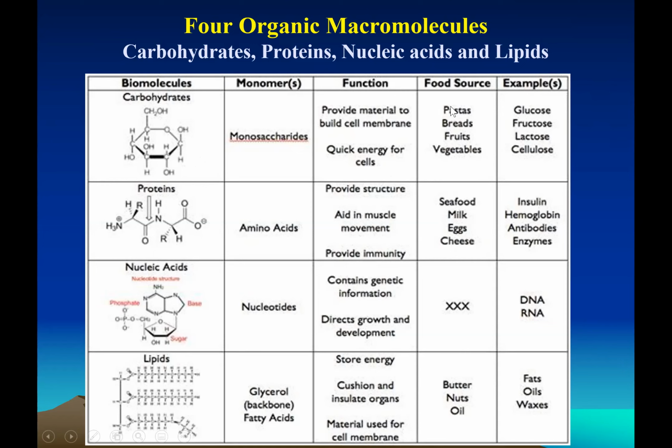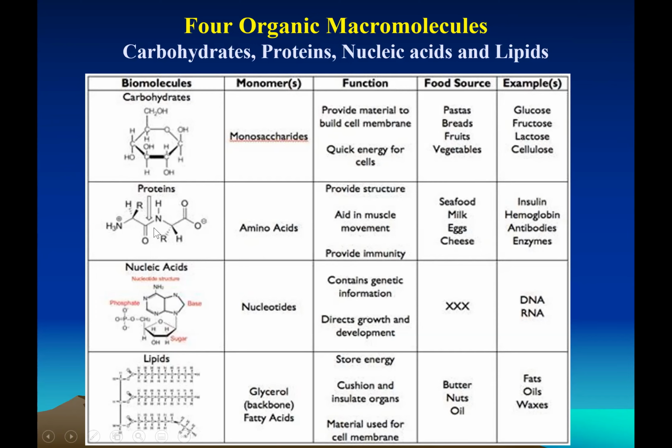All the delicious breads and pastas and mashed potatoes and gravy are all carbohydrate. Examples are glucose, like sucrose will break down into glucose. Fructose, fruits are high in the simple sugar called fructose. Lactose from milk.